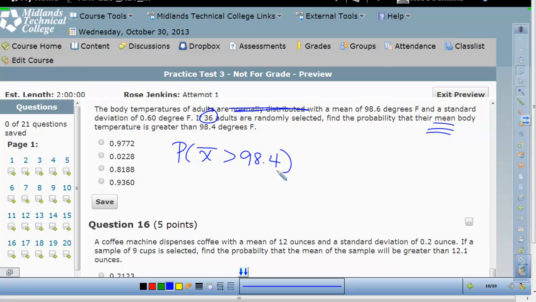And so we're going to find the z-score: 98.4 minus the mean, 98.6, but the standard deviation changes. It's going to be the original standard deviation, 0.6, divided by the square root of the sample size, the square root of 36. That's all part of the central limit theorem.